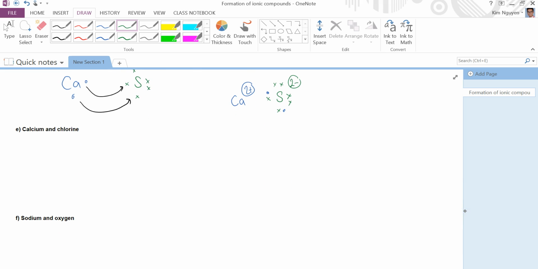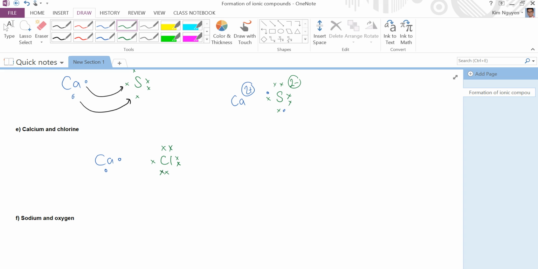Okay, now calcium and chlorine are a bit different to the others that we've done so far, and I'll show you why. So again, calcium, we know group 2 has 2 electrons in its outermost shell. Chlorine is, as we saw before, a group 17 element, so it has 7 electrons in its outermost shell. Now chlorine can only receive 1 electron from another element.